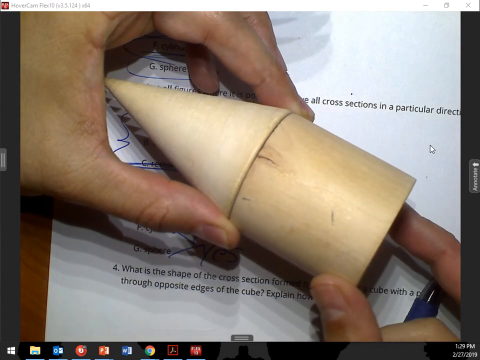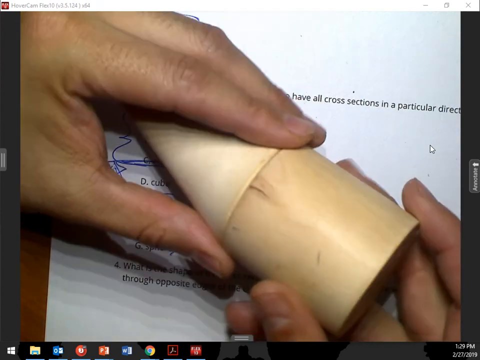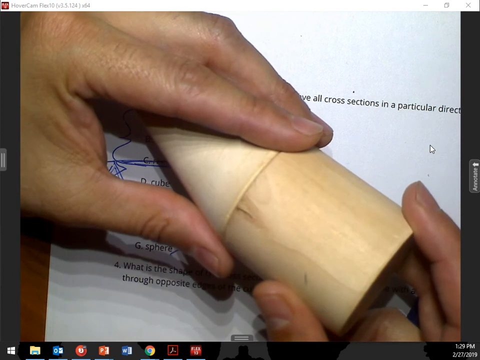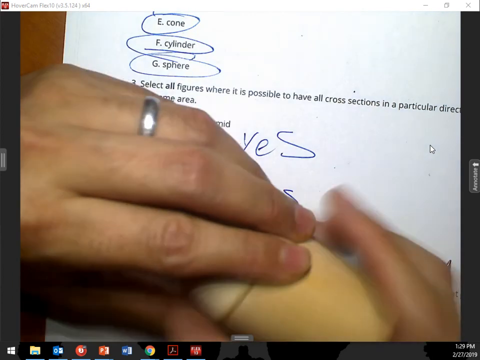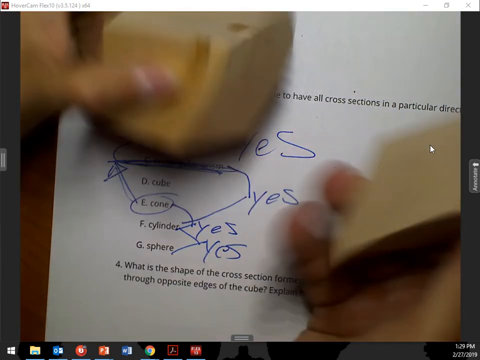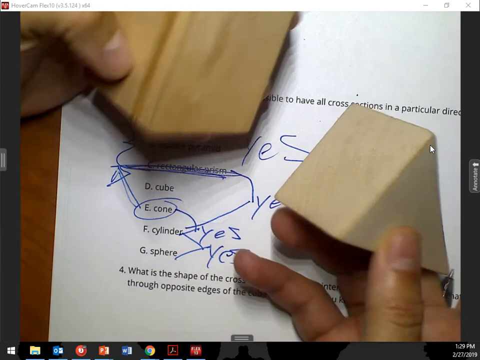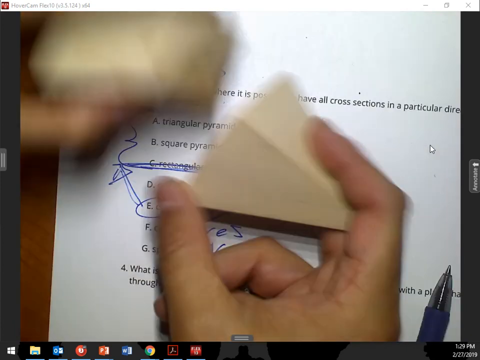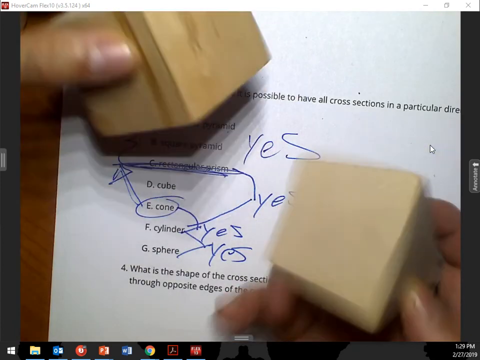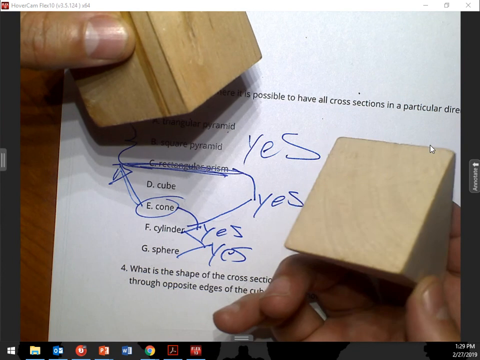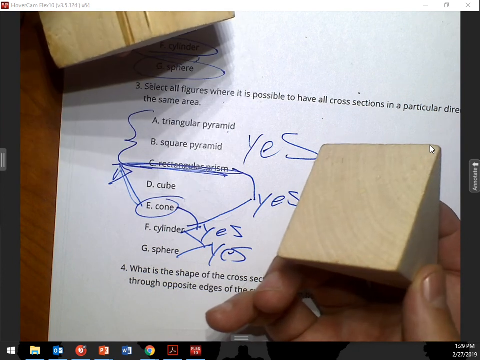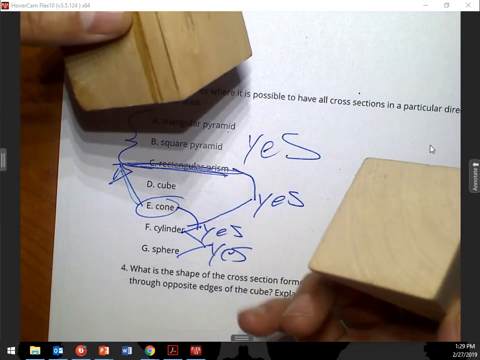I'm like confused. This is one of those trick questions. All of them could be right. Because let's look at this. Watch this. Because it was part of that one right there. So I have my cube and my rectangular square base pyramid, right? Watch this.